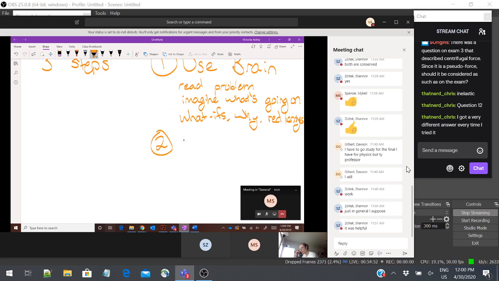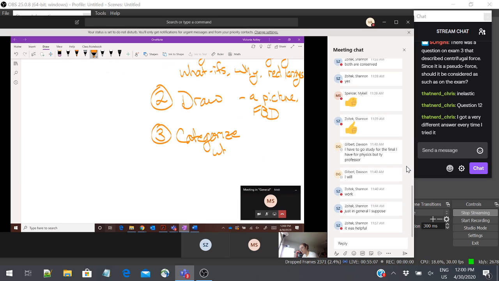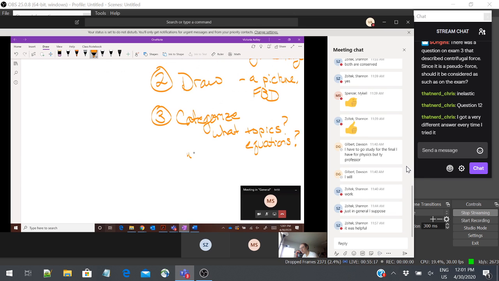Second is to draw either a picture, a free body diagram, or both. And then to categorize, to think about what kind of question this is. What are the relevant topics? What are relevant equations? What are relevant theories? What are some knowns that are not given in the problem, but you're supposed to know, like I'm supposed to know that momentum is conserved, or that the torque will all equal 0, things like that.